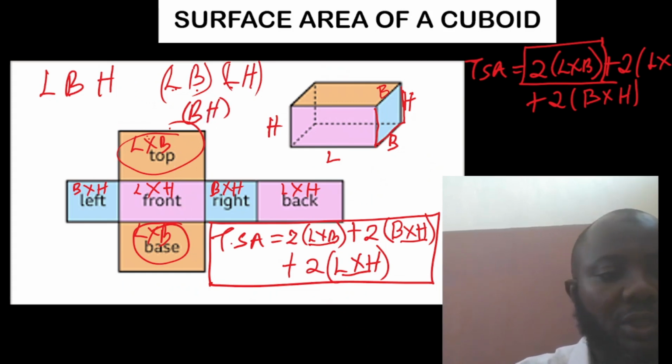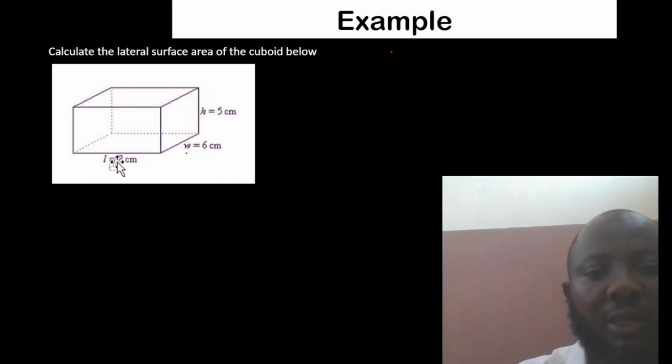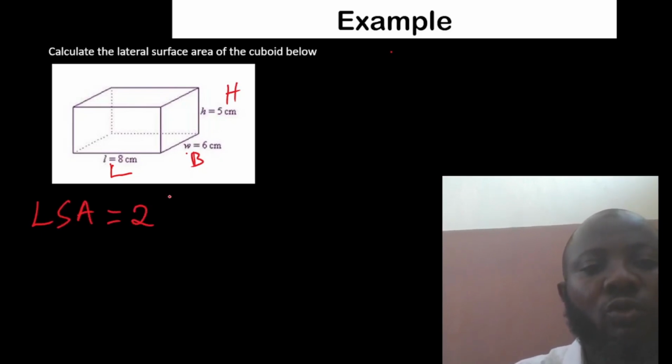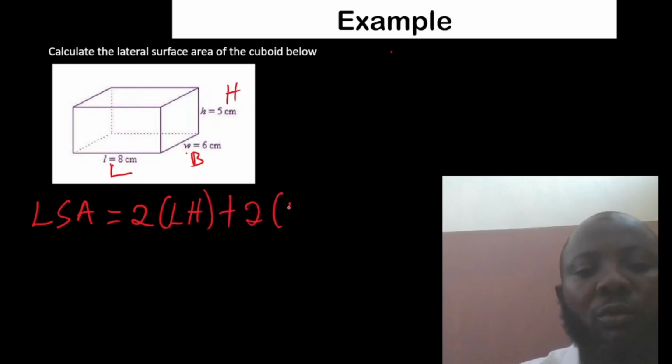In this case, this is L, this is B, which is the same thing as W. That one will be out. So let's write that out. This is height. So the lateral surface area is going to be 2LH plus 2BH. There won't be LB there.